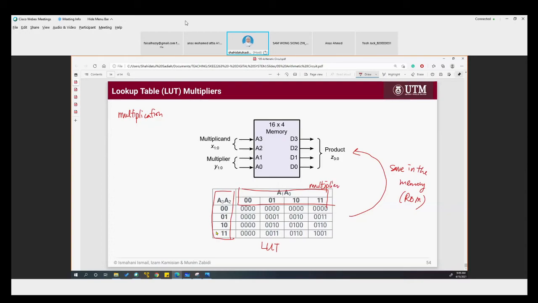And this is the address of the multiplicand, the address of y and the address of x. Now inside here is the product.